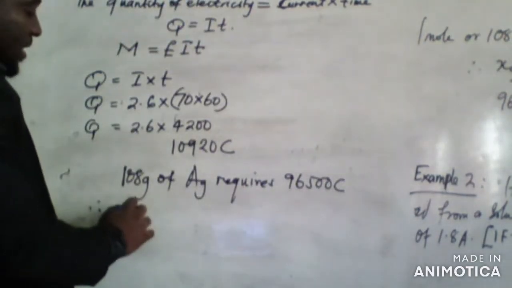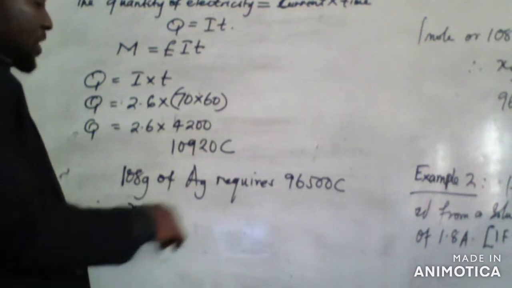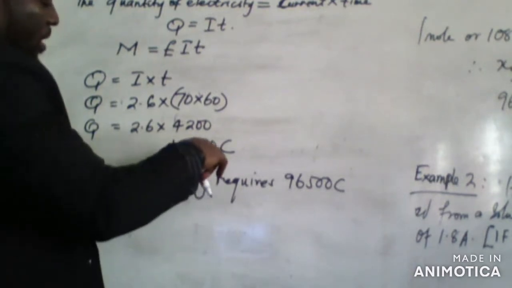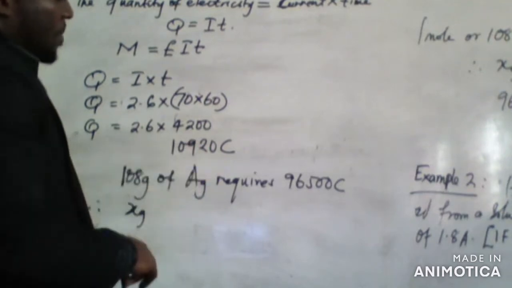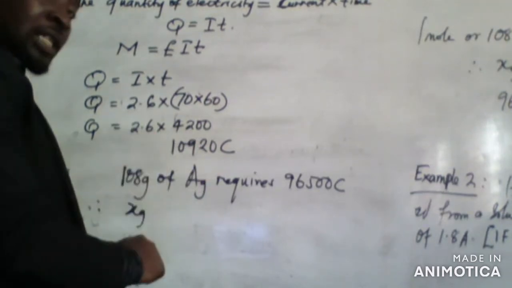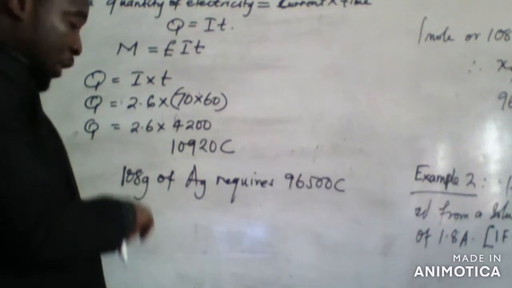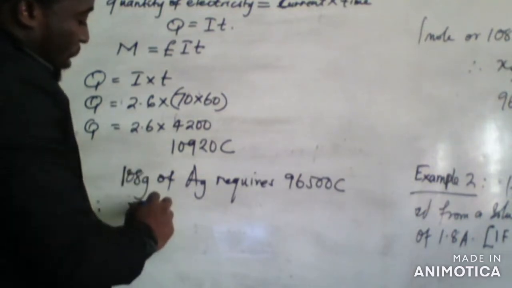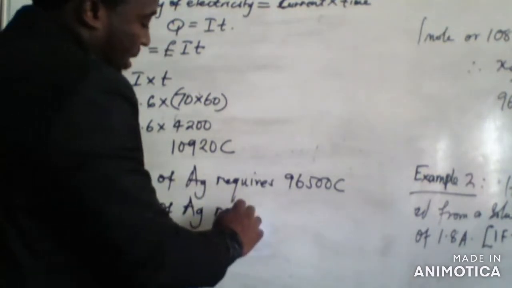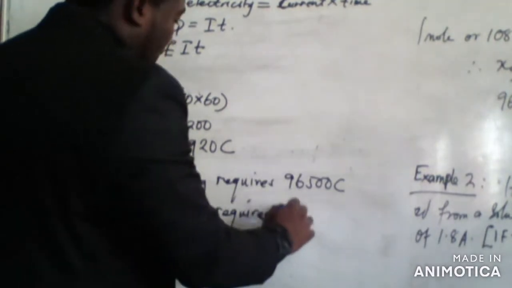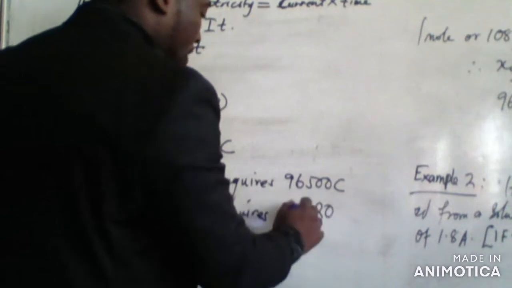Therefore, X grams, that is the quantity that will be discharged by this quantity of electricity, that is what we call X, and that's what we're going to look for. So X grams of silver requires 10920 coulombs of electricity.